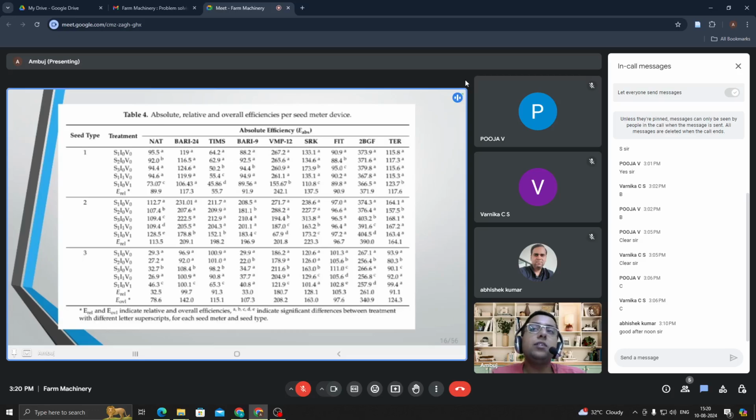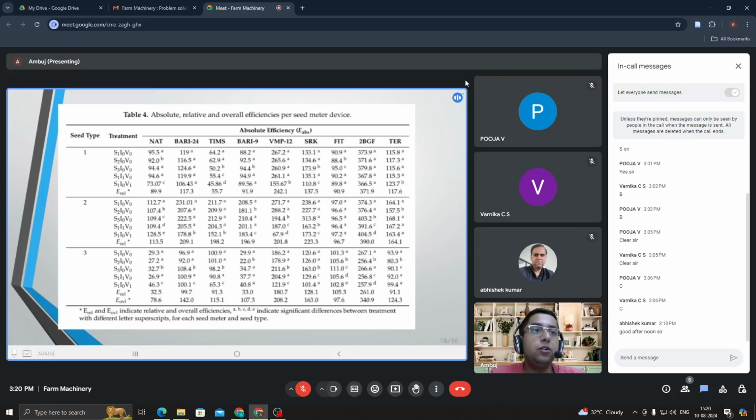These efficiencies convey how my different seed metering mechanisms perform with reference to my different treatments. That is conveyed through this table. Here I have given you all the absolute efficiencies.